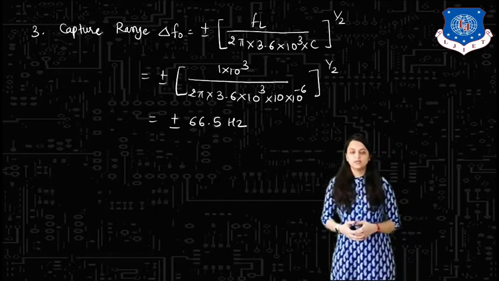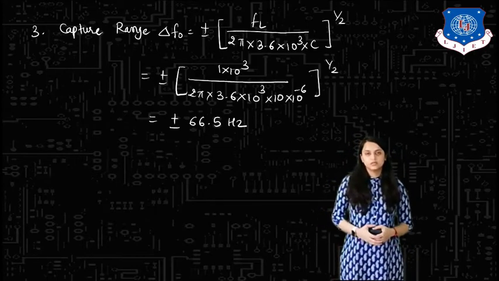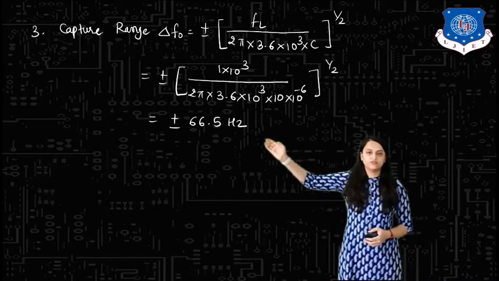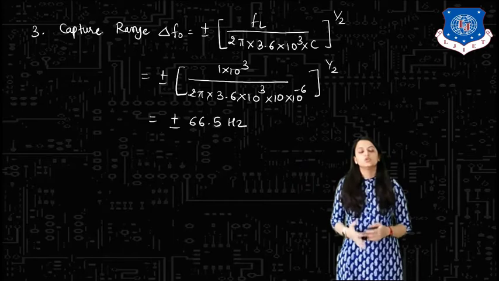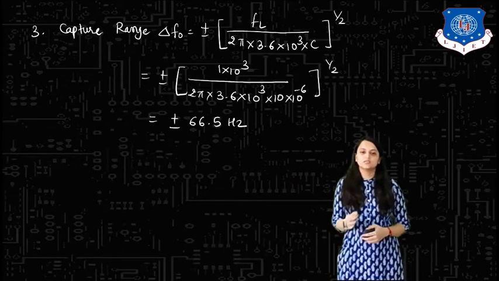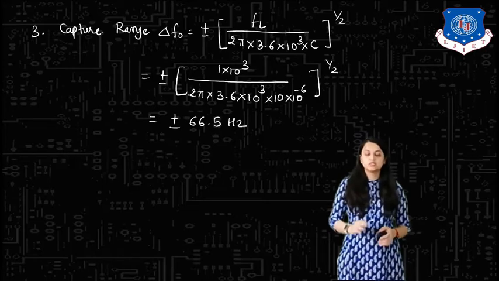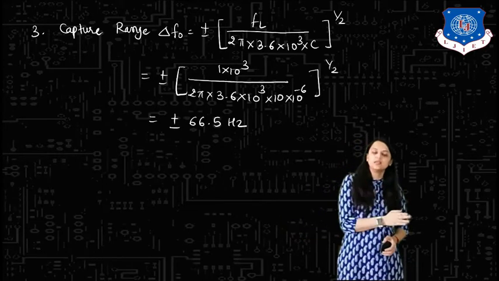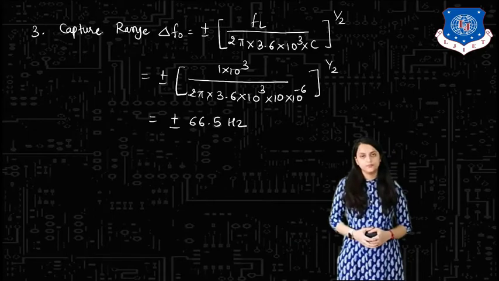We have placed that value. By solving this, we can have the value plus or minus 66.5 hertz. So the capture range frequency is plus or minus 66.5 hertz. That means the range is minus 66.5 hertz to plus 66.5 hertz.